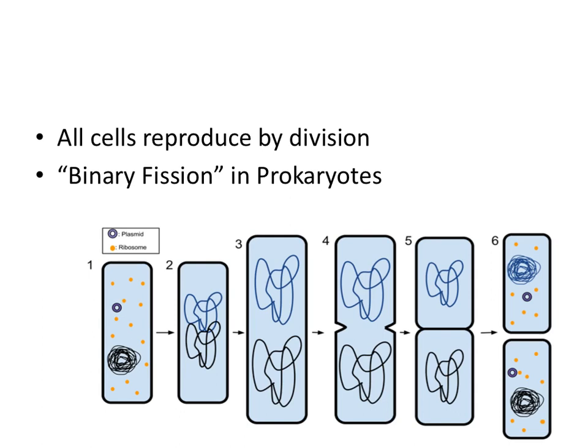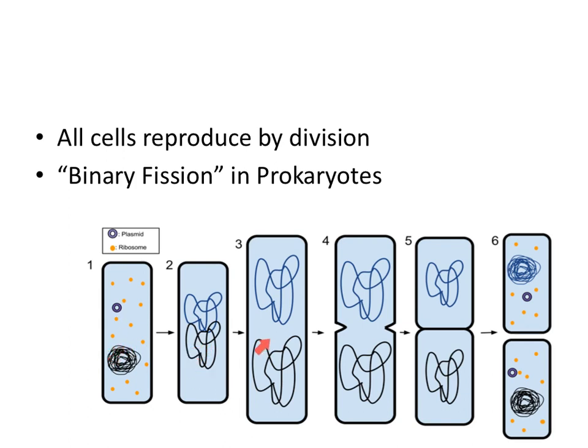All cells have to be produced using some sort of cell division. And what we just saw in mitosis is called binary fission in prokaryotes or bacteria, and it basically works in a similar way. Here's my original cell. Copied the DNA in S phase.